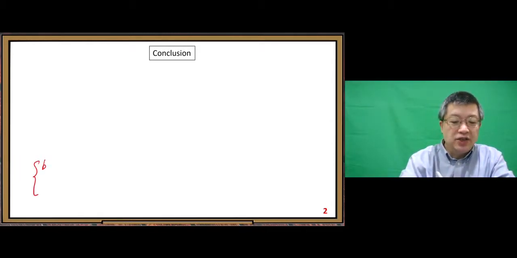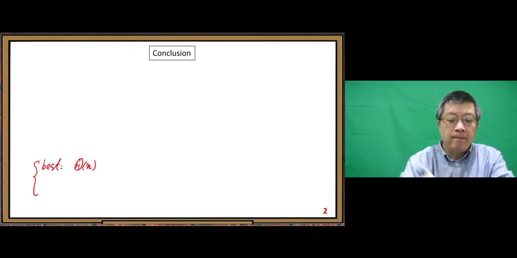Let's list them: best case, big theta of n; worst case, big theta of n squared; average case, also big theta of n squared.